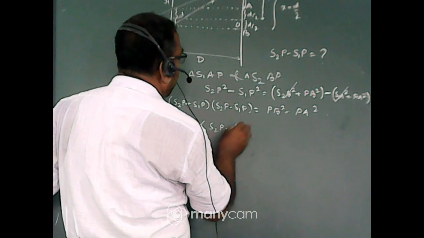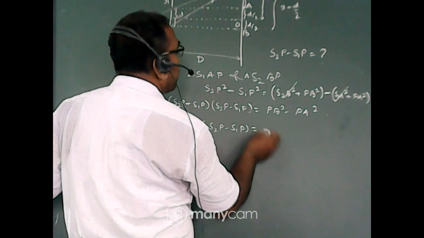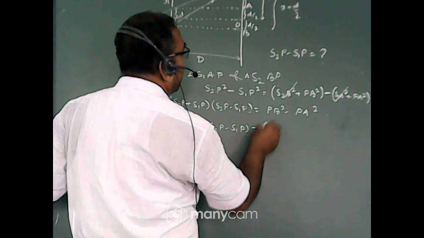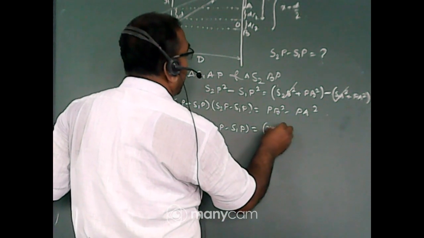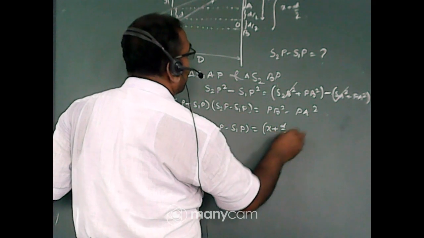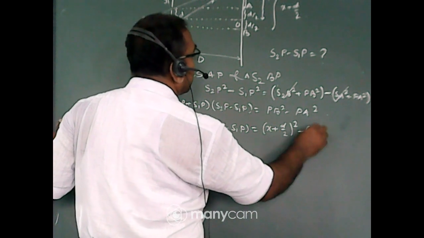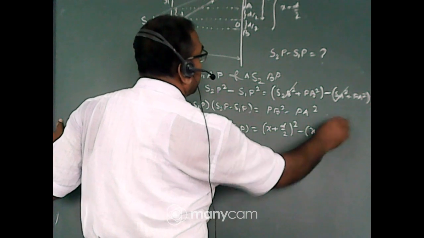So S2P minus S1P equals (x plus d by 2) whole square minus (x minus d by 2) whole square, divided by 2D.